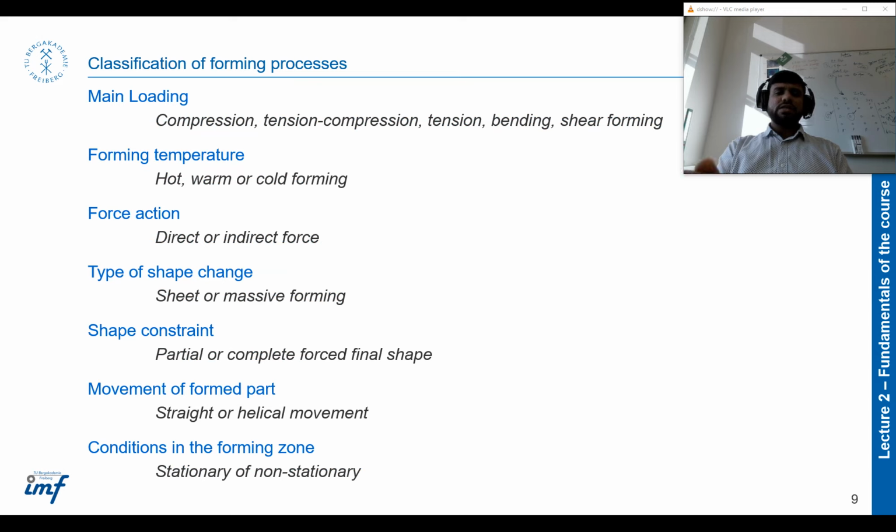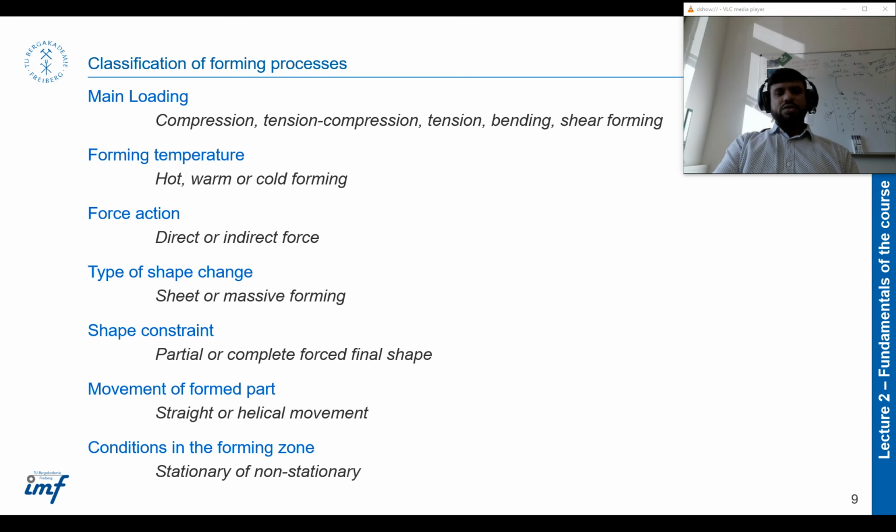Now the classification of forming processes can be done based on the main loadings, like we have seen in the previous slide, which is compression, tension, bending, and shear forming. They can also be classified based on temperatures, so hot, warm, or cold. Depending on these three conditions, the material formability, so the ability of the material to form, changes, and therefore they can also be categorized based on temperatures.